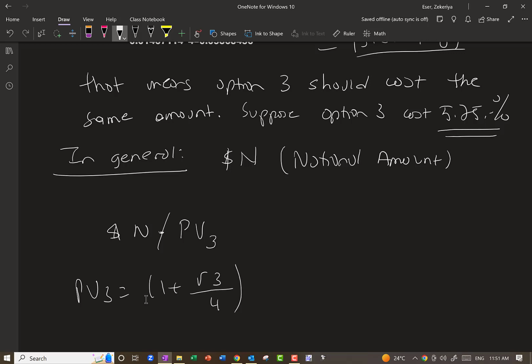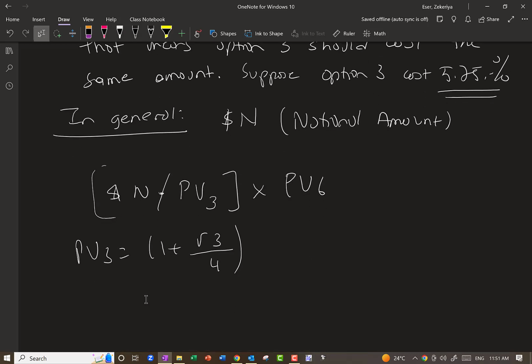I'm writing it this way because when the terms change, all we have to do is calculate those PV factors. And I'm going to pay back dollar $n, right? In fact, dollar $n is pretty much the same. So times 4 in this case.